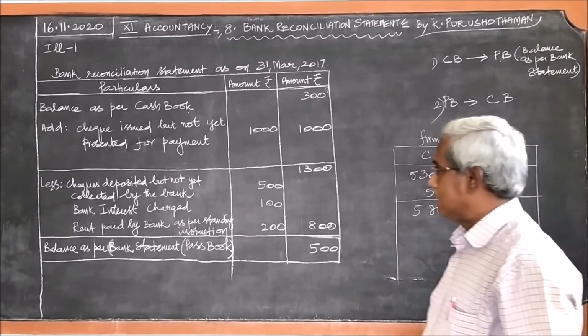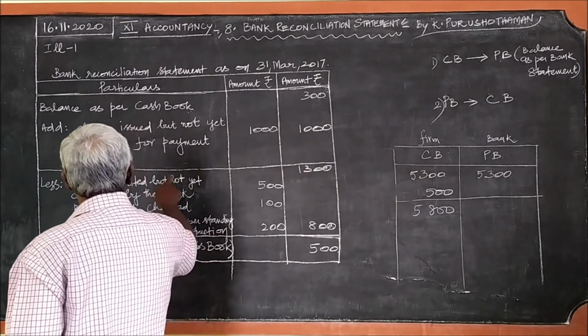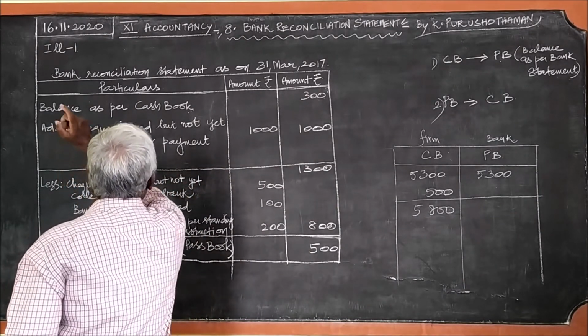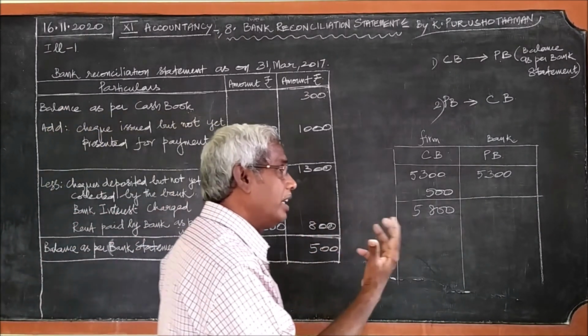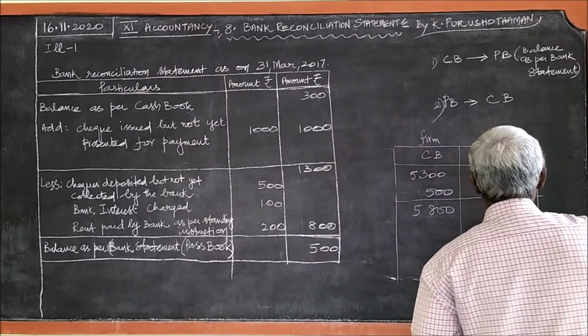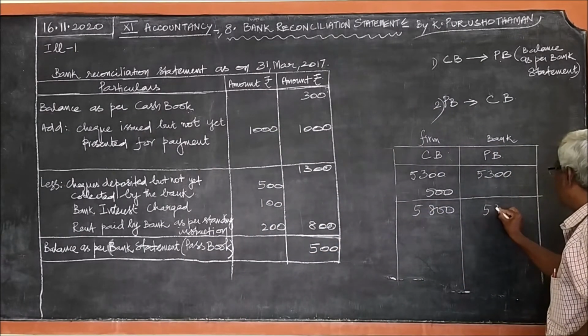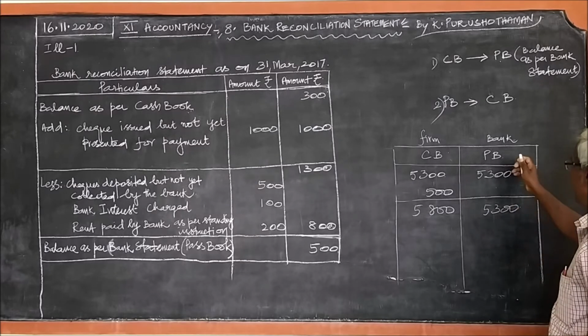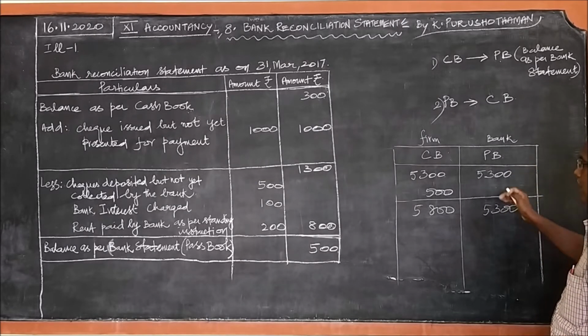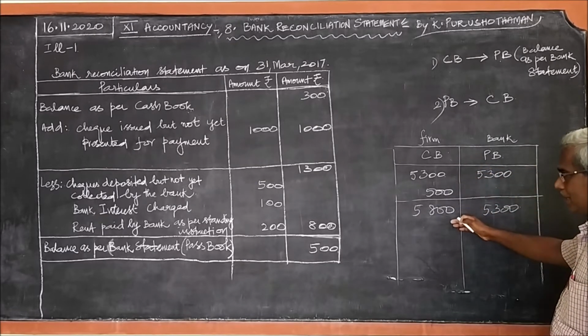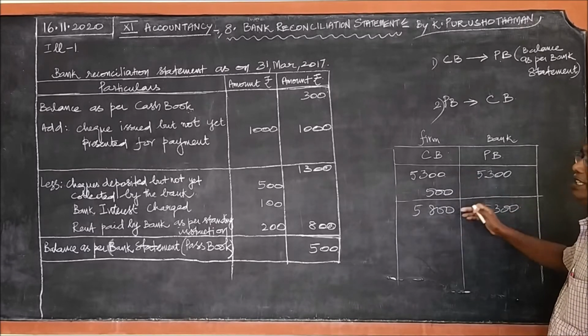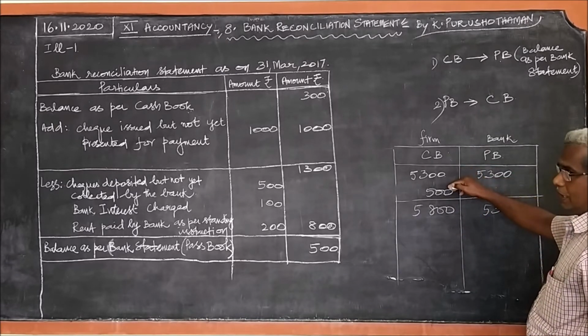But now what is the instruction given? Not yet collected by the bank. இன்னும் collection ஆகல. So till then this 5,300 will remain the same. But in the cash book it has been increased, because we pass the entry as soon as we receive the check.